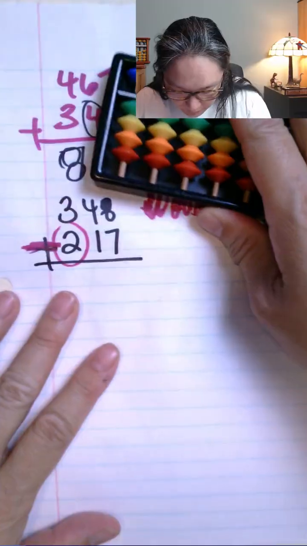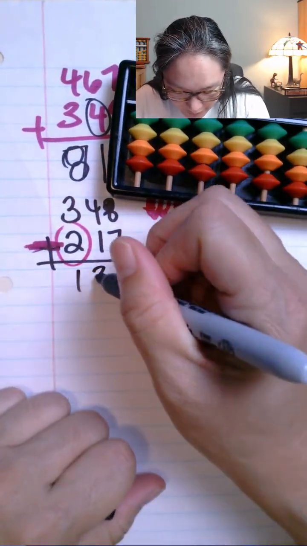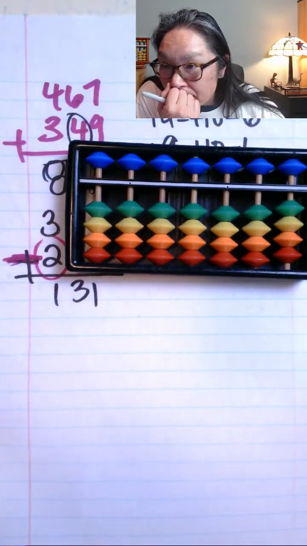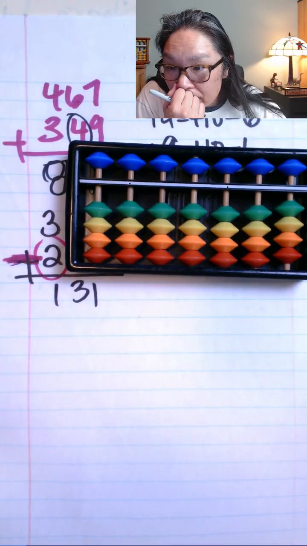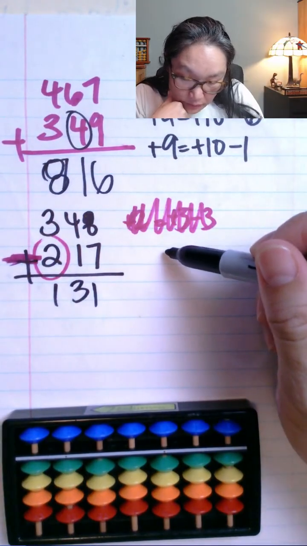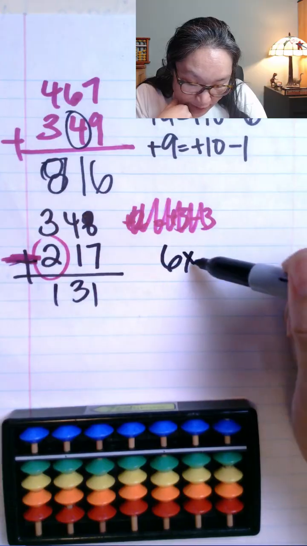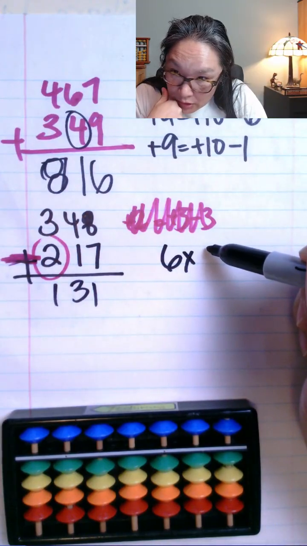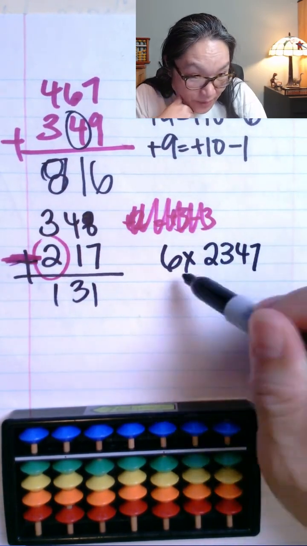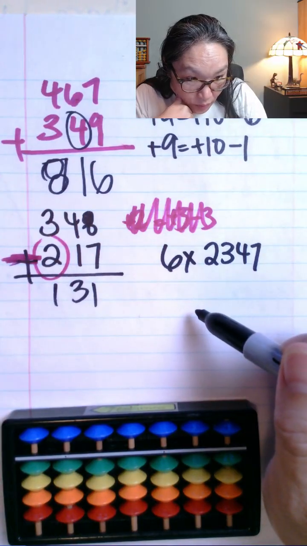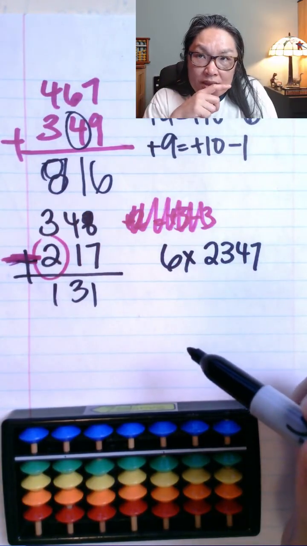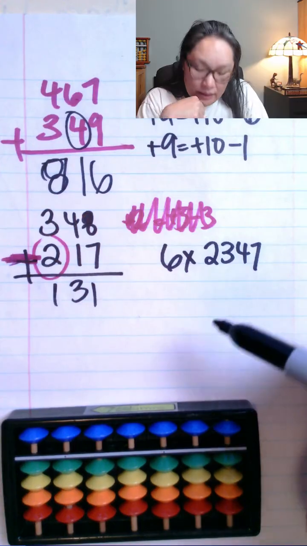Okay, sorry. That was too easy. 131. Okay. Oh, so multiplication. If we did 1 times 4, so 6, 3, let's do 4, 7. Are we talking about this way or the other way?